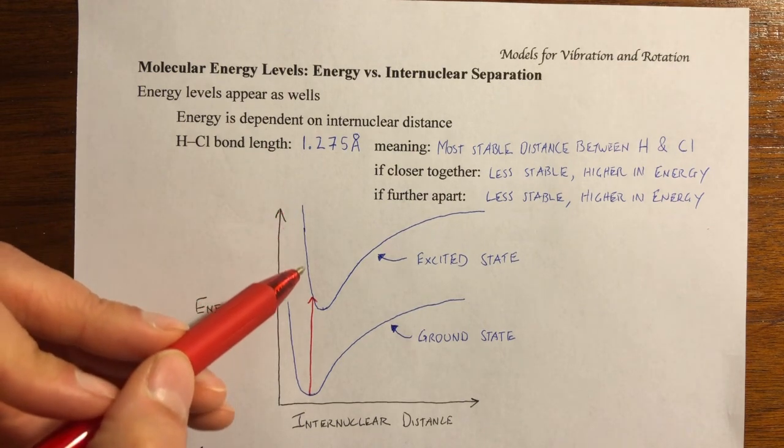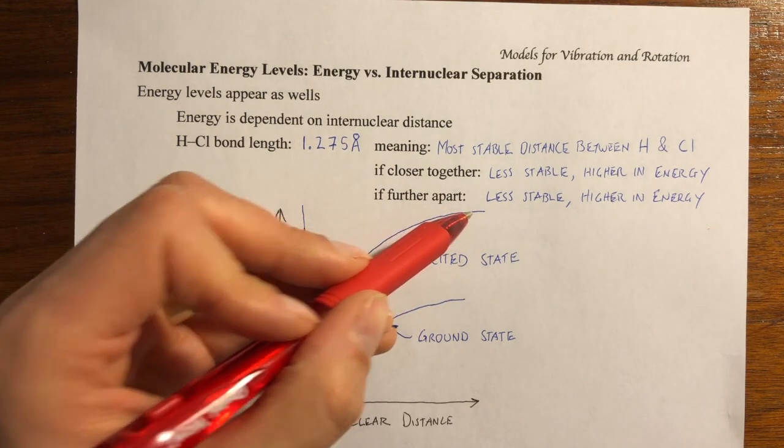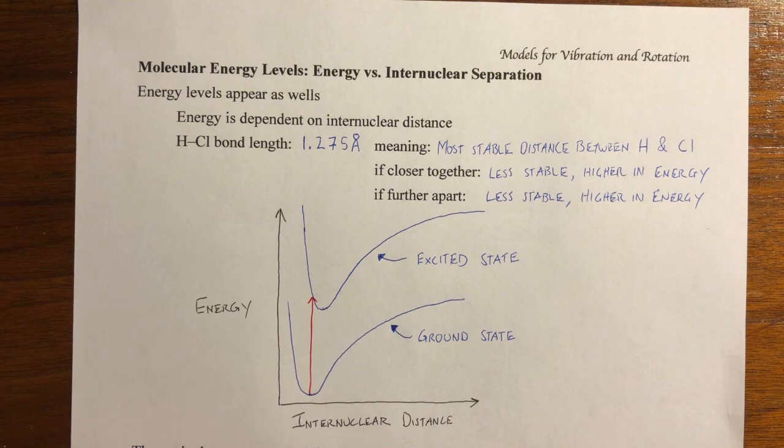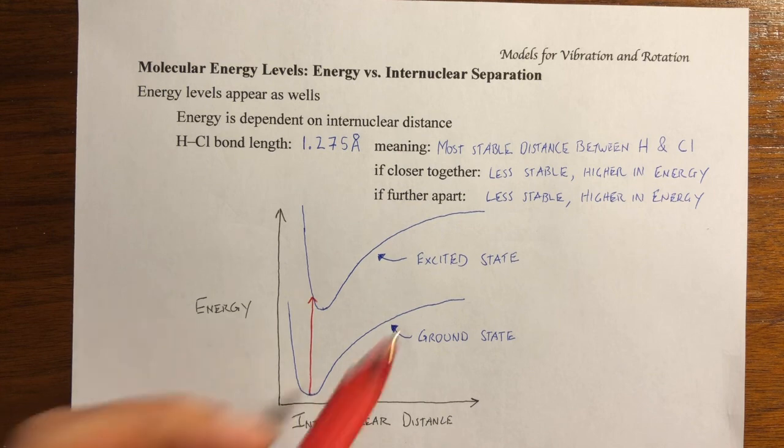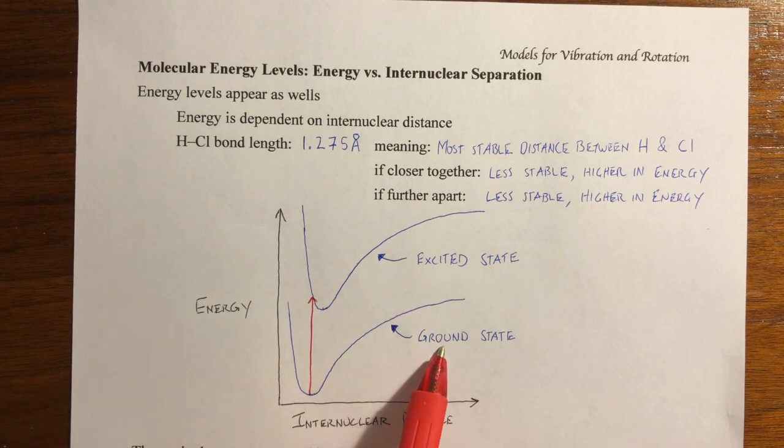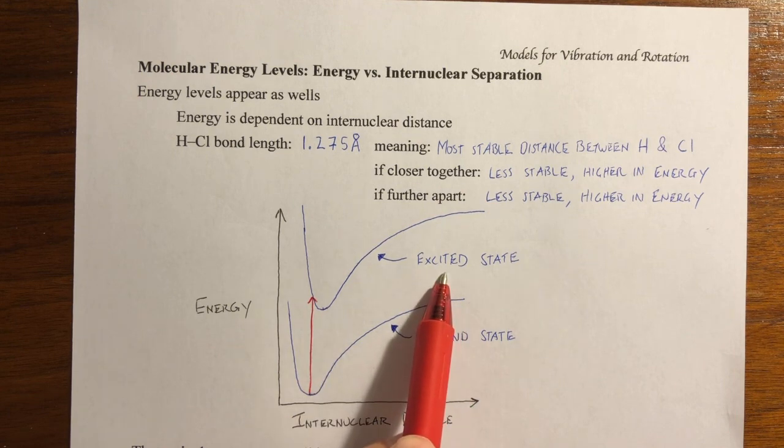Slightly higher is our next energy level, which also appears as a well. When drawing this, it's important to keep this energy well slightly to the right of the lower one. Our lower energy level would be considered our ground state. Our higher energy level would be considered our first excited state.